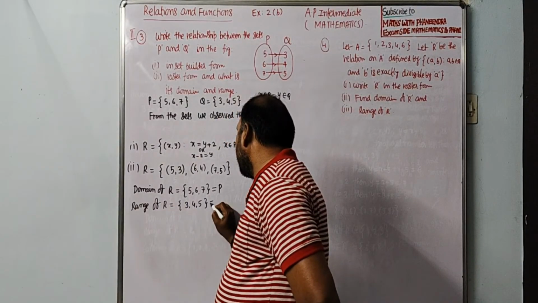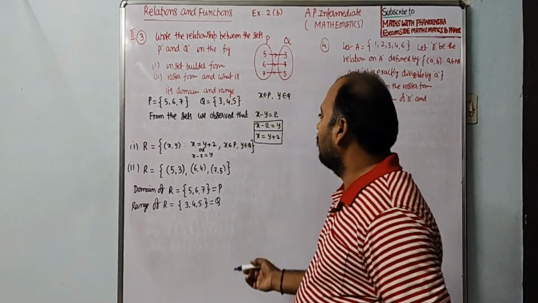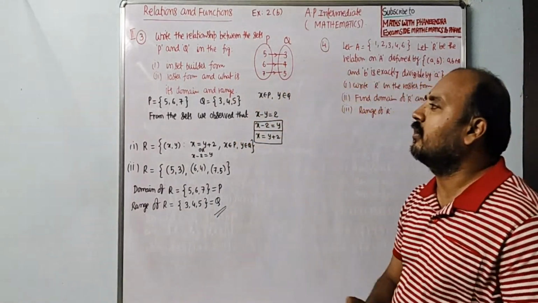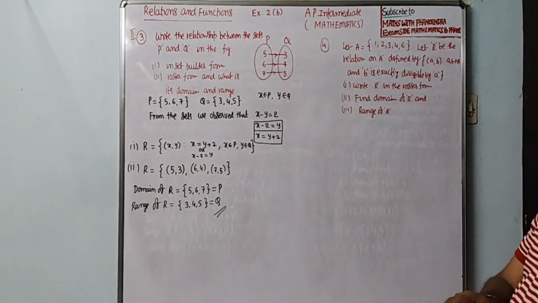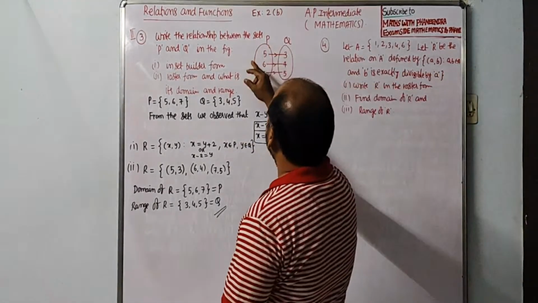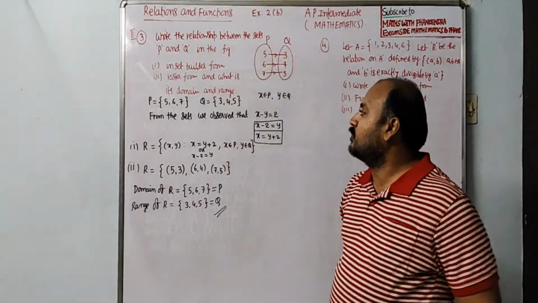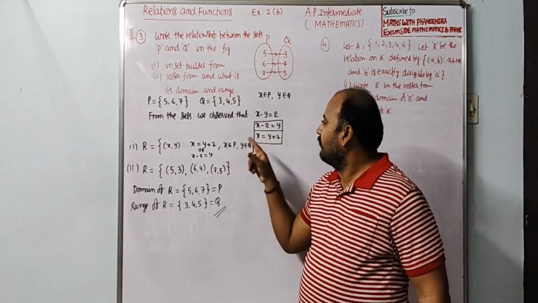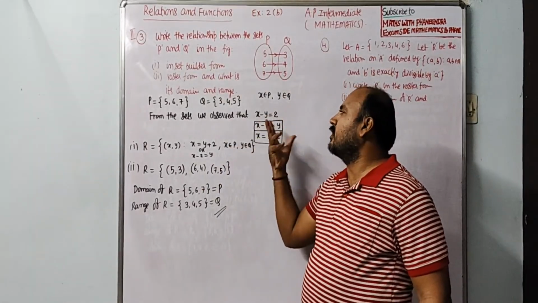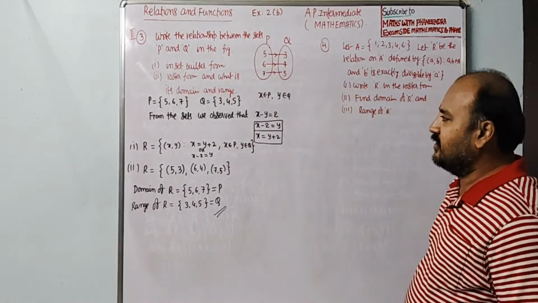It is nothing but Q. That's all, dear students. This is the way we can do it. From the sets, first we observe the relation between 5 and 3, 6 and 4, 7 and 5. The difference of these two is equal to 2. That's what I wrote here: X minus Y is equal to 2. So from that we can make X is equal to Y plus 2, this way.